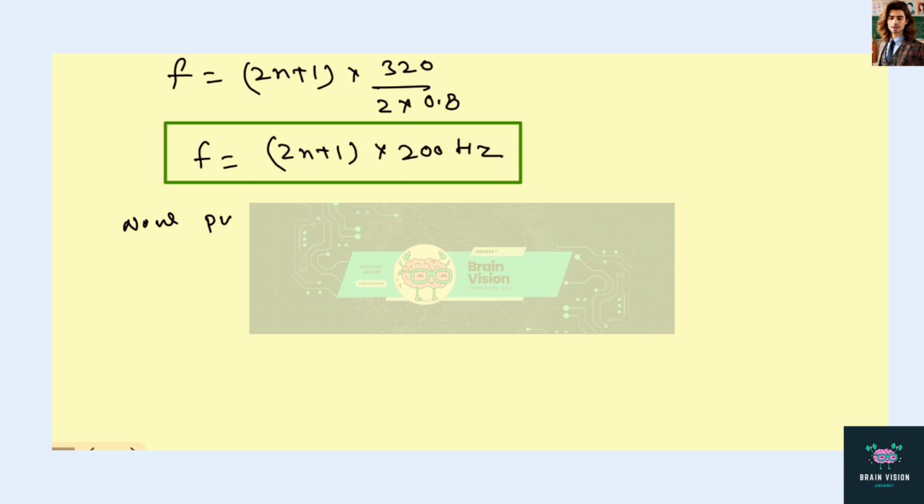Now put n equals 1, 2, 3, and when we reach 49, the last point, 49 multiplied by 200 gives 9800. But we have to find the frequency from 20 hertz to 2000 hertz. So we will put the values of n as integers starting from n equals 1.